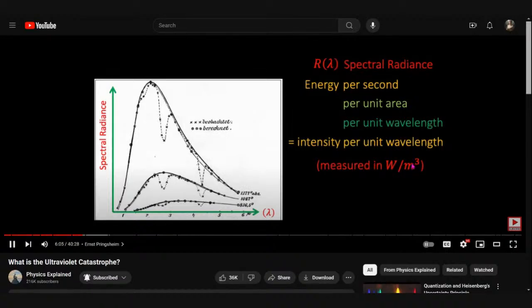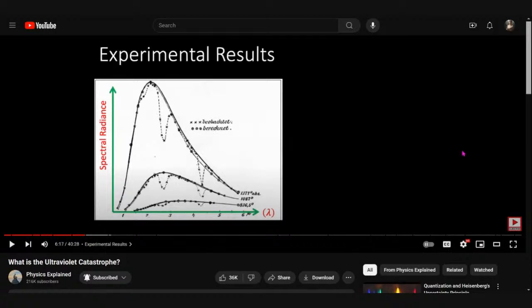To find the intensity from one of these graphs, you simply have to find the area beneath the curve. In other words, the intensity is the integral of the spectral radiance with respect to wavelength.